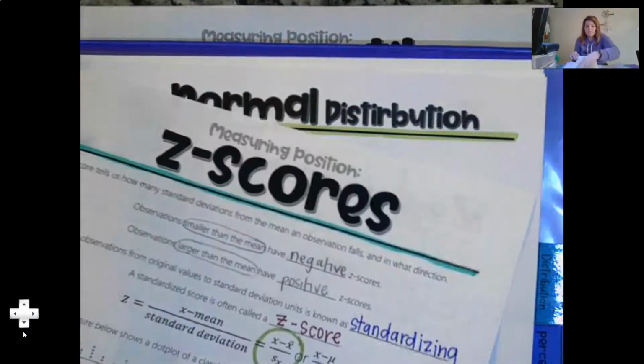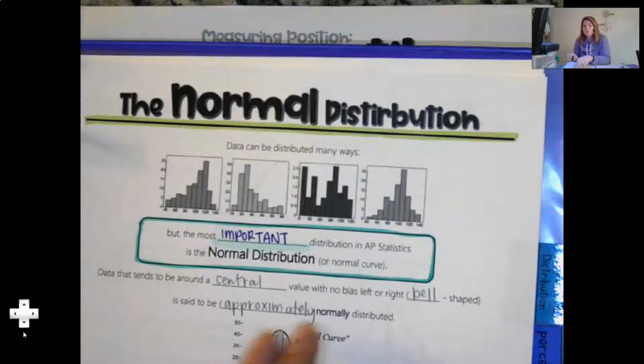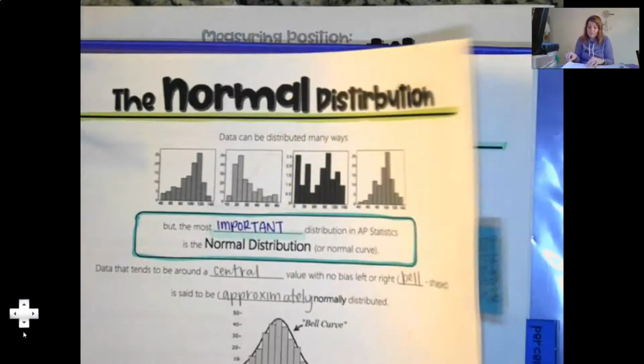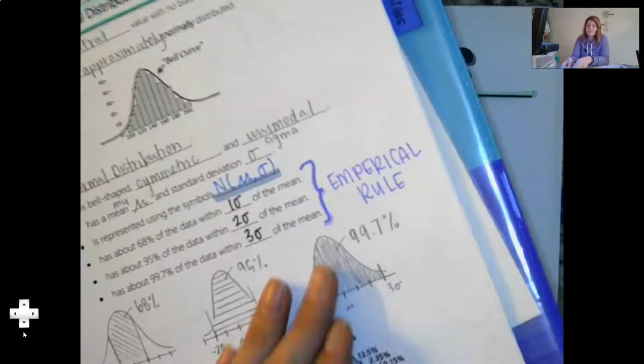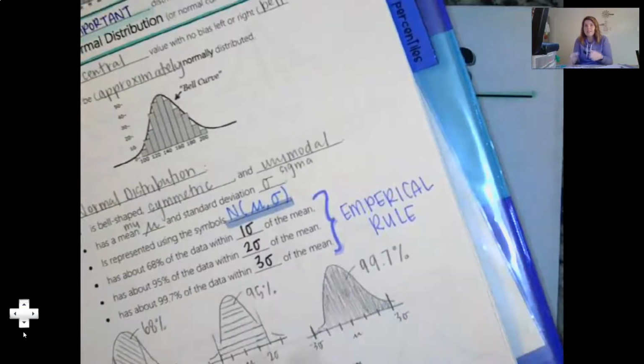So standard deviation, z-scores, normal distribution is still related to standard deviations because the standard deviations tell us how much data is in between them. So then we solved some problems with our standard normal curve. Sorry, not our standard normal curve, our normal curve. We solved some problems with our normal curve.